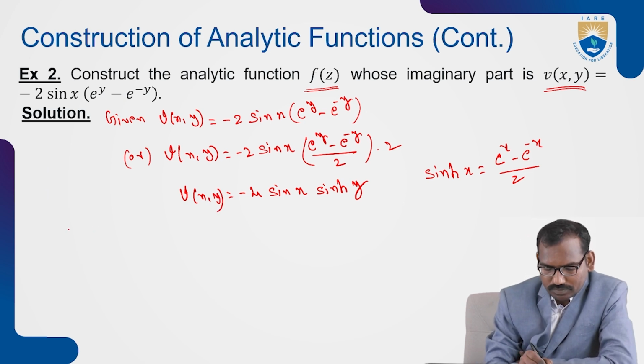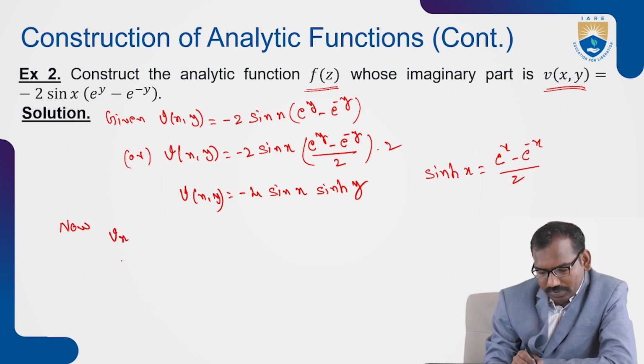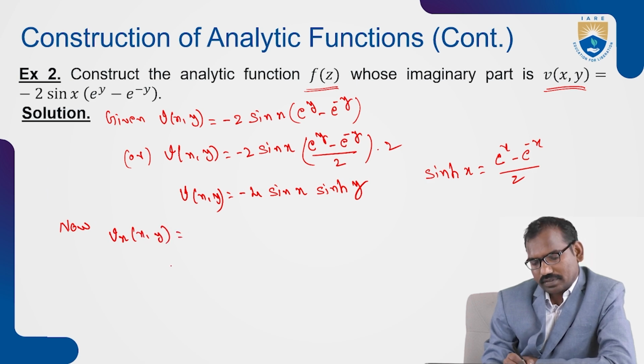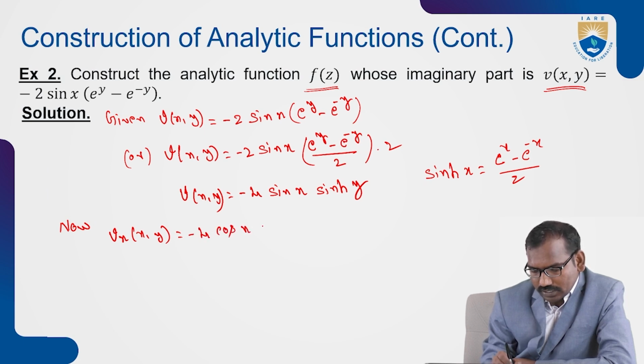Now I'm going to find v sub x, which is also a function of x comma y. Here I'm doing the partial derivative of v with respect to x. So the partial derivative will give you minus 4 cosine x sin hyperbolic y.